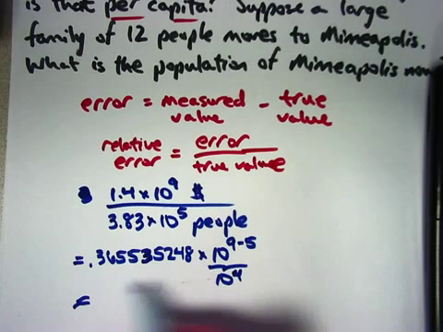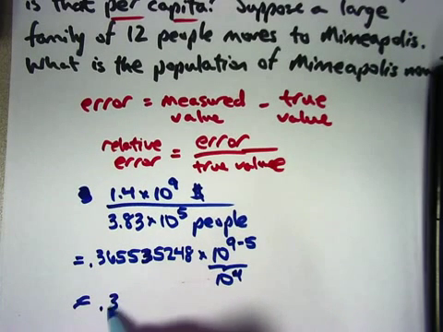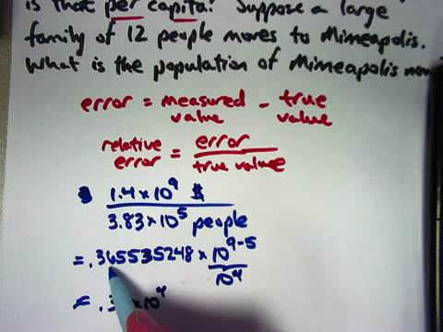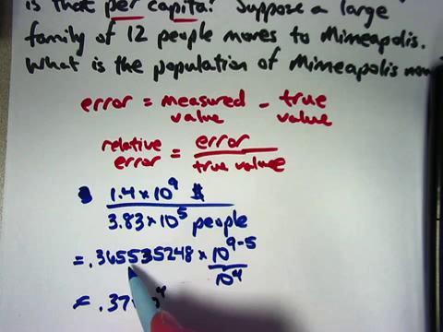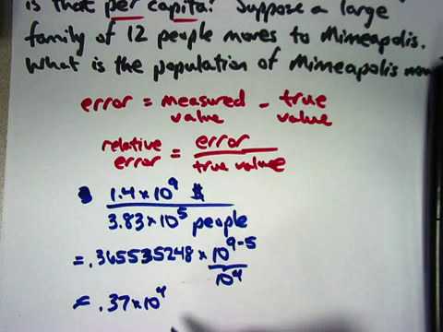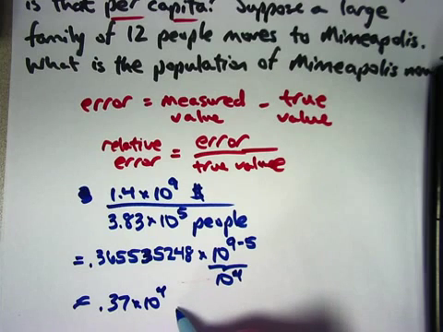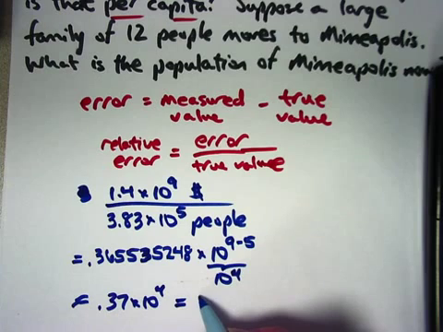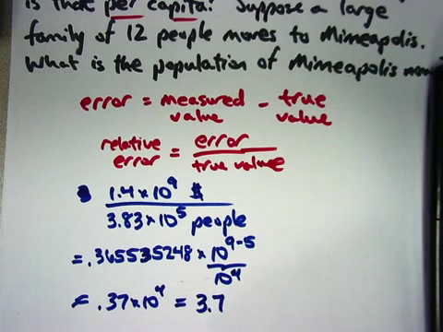And so with this it would be about 0.37 times 10 to the fourth power. Round that 6 up to a 7 because of the 5 there. And that's not the traditional way to leave it. As a standard, you want to have 1 digit in front of the decimal point, so you'd shift the decimal 1 spot to the right.